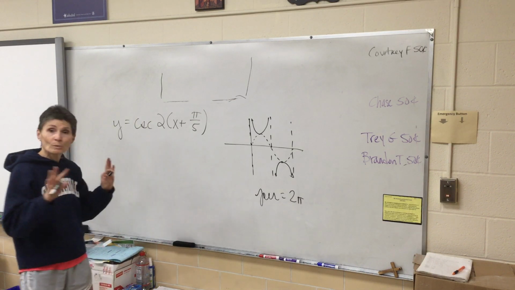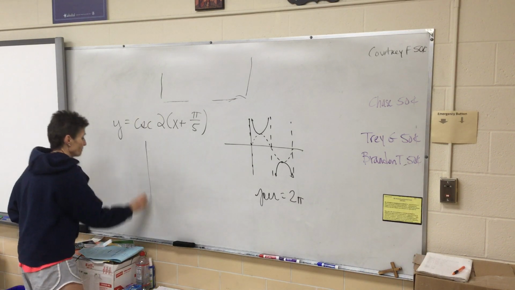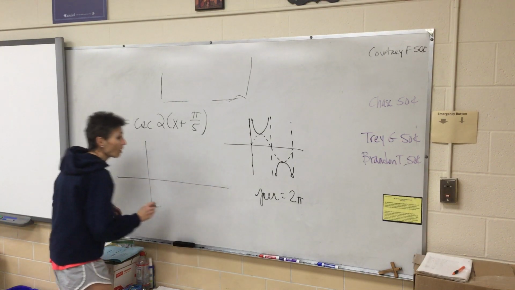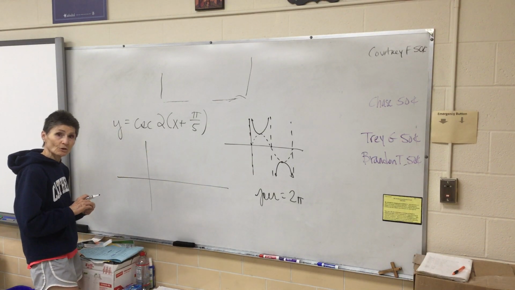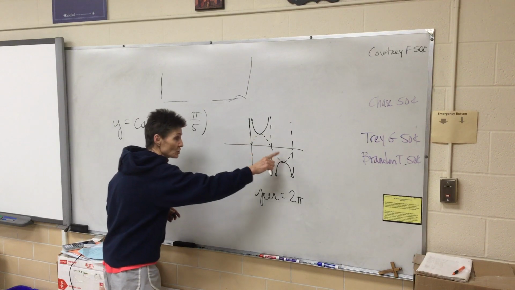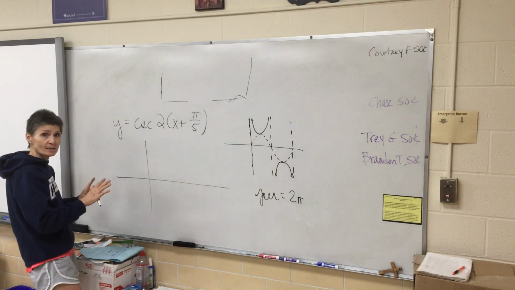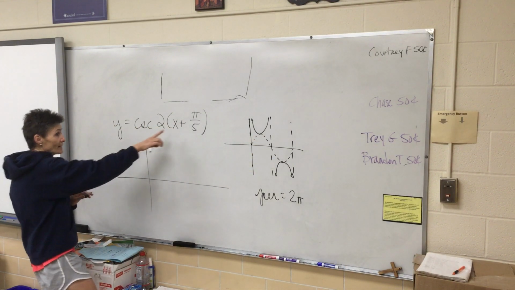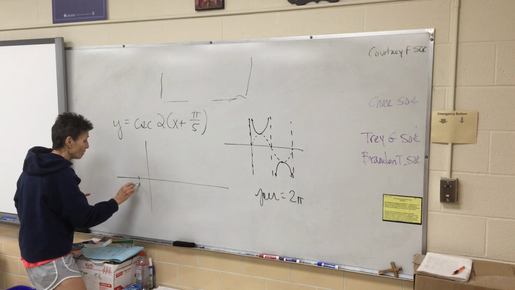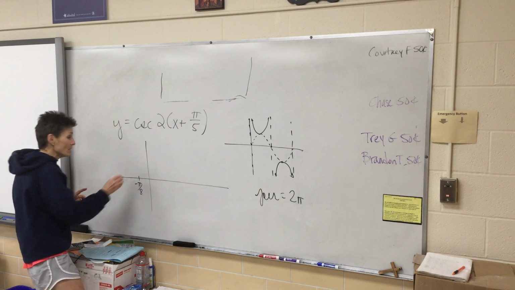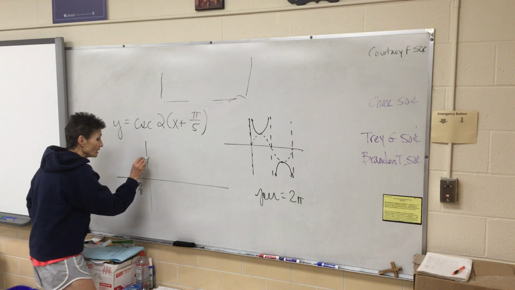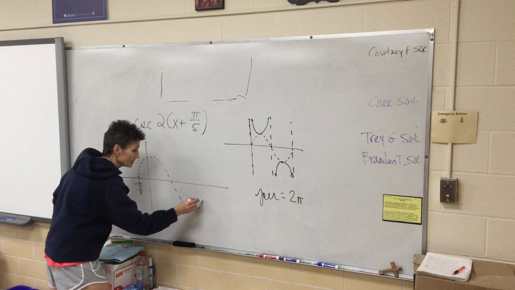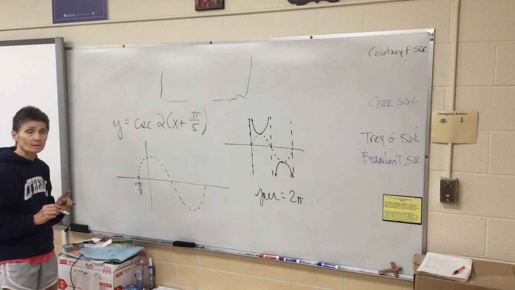In this picture, we've made some changes. I'm going to start with a regular sine curve again, just like I did here with my dashed line. So I see I've got a shift of negative pi over 5. So my sine curve is going to look like this.